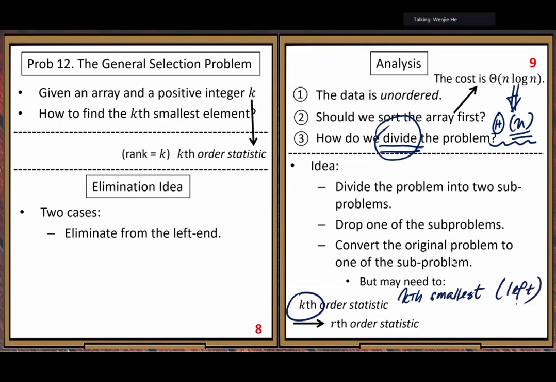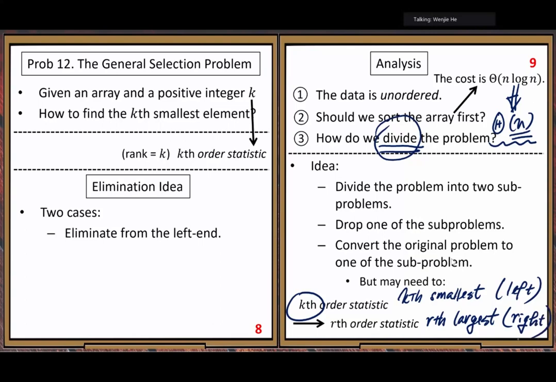But we can also look at it from the right-hand side. So here, rth order statistic means the same element can also be treated as the rth largest element. We count the number of elements from the right side.